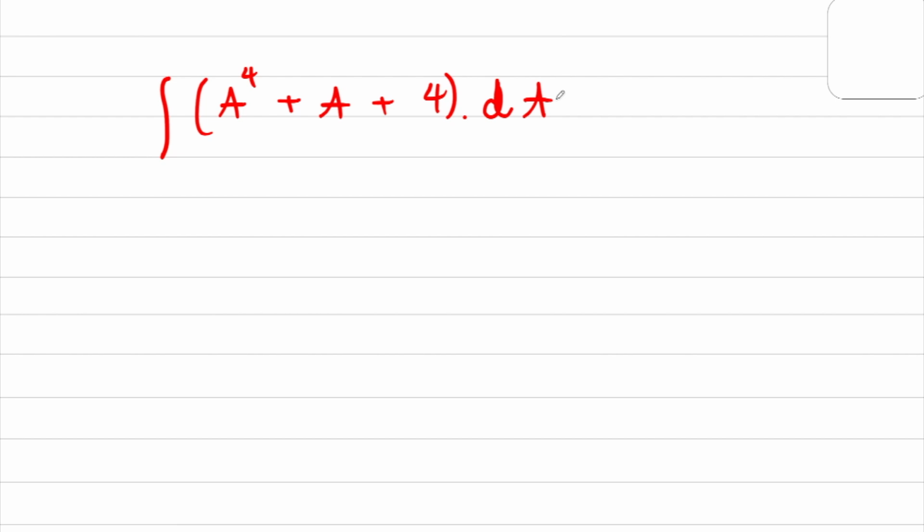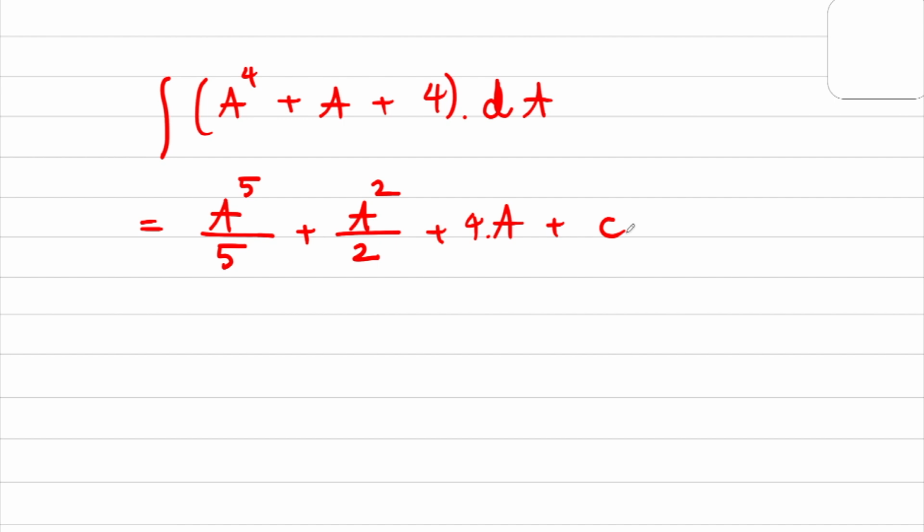It's not x and it's not y anymore. Apply the power rule: you get a to the power of 5 divided by 5, a squared divided by 2, and 4 times a, and after that plus c.